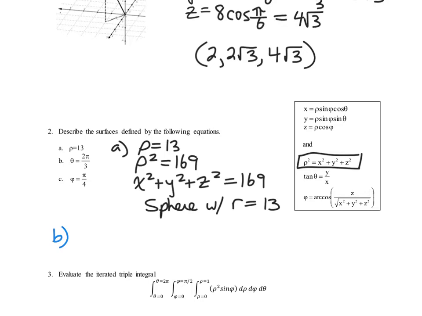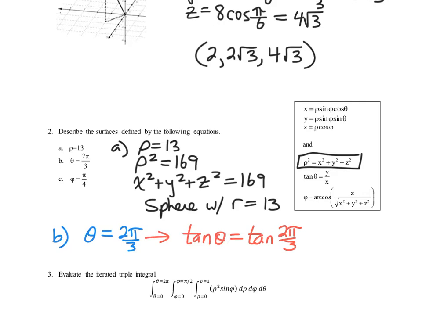The tangent of theta is y over x. So theta is equal to 2 pi over 3. Just make the slight adjustment by taking the tangent of both sides. Tangent of theta would be equal to tangent of 2 pi over 3.